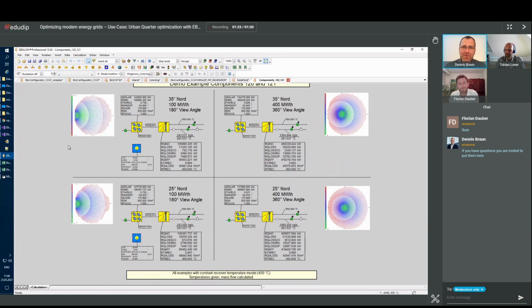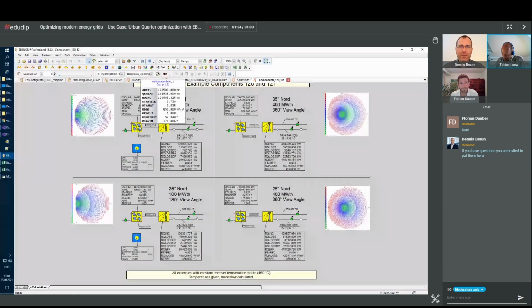So, we have also different models for solar energy. We have a tower model which splits into the tower and the solar field.